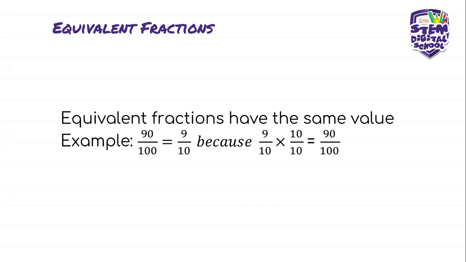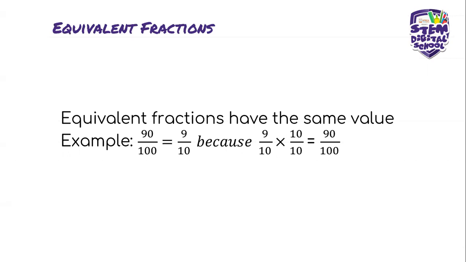So if you look at this example, we have 90 out of 100, and this 90 out of 100 can be written as 9 over 10. Because 9 over 10 and 90 over 100 are equal. And why are they equal? That's simply because you can multiply 9 over 10 by 10 over 10.